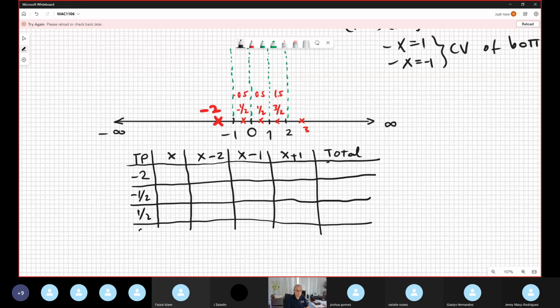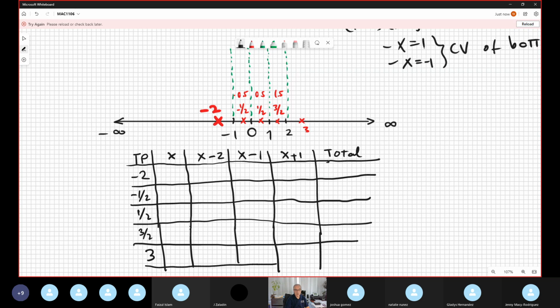And 3/2, I evaluate each factor. We have one more, and 3. Cool. This is super easy. This looks like a game. Play a game.